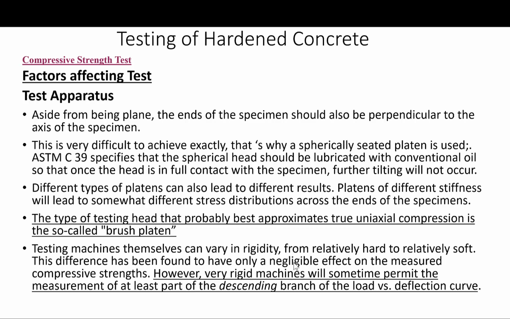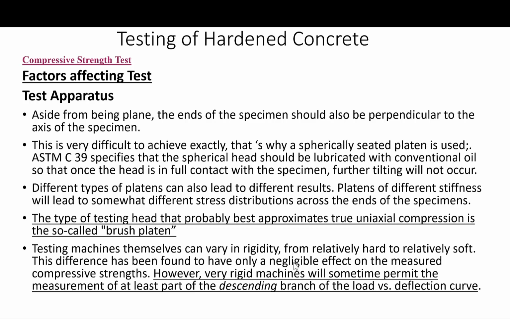Changing the degree of lubrication on the spherical seating can cause apparent changes in strength. This is for you to know how the tests are done and what goes into the testing. Different types of platens can also lead to different results, since even steel platens will distort slightly under load.